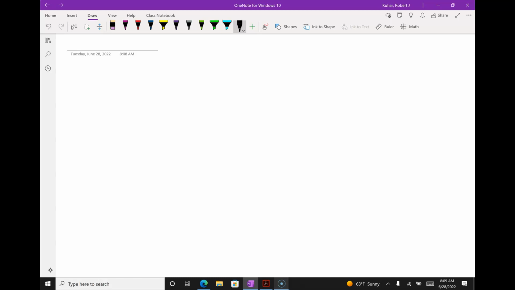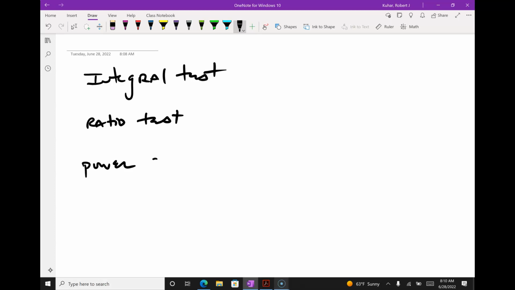So far we've done the integral test. We've done the ratio test. I'll talk more about that today. And we've done power series creation, and radius of convergence.